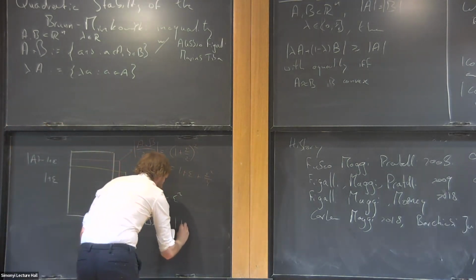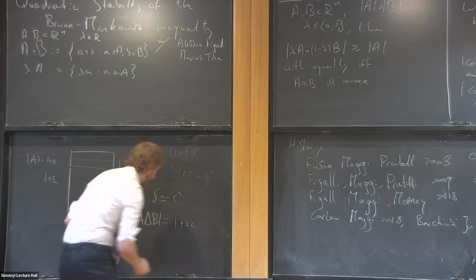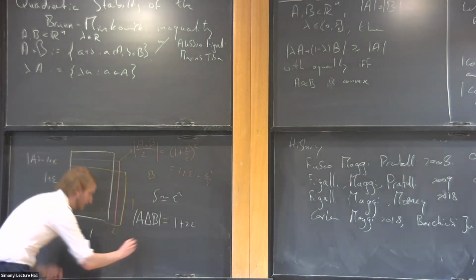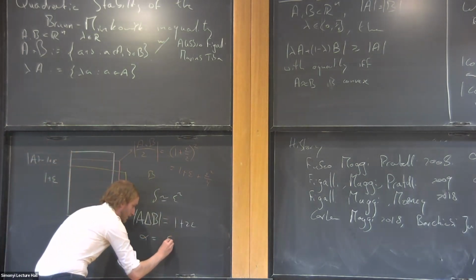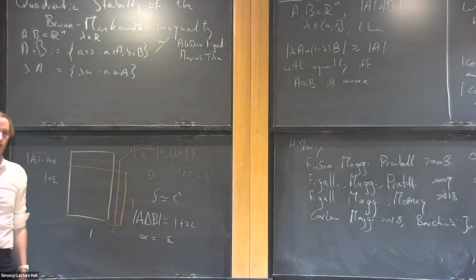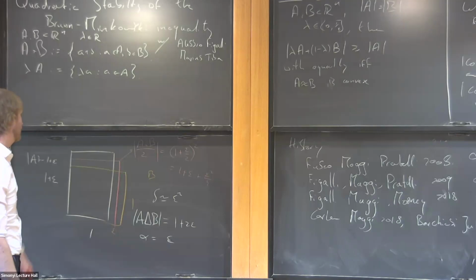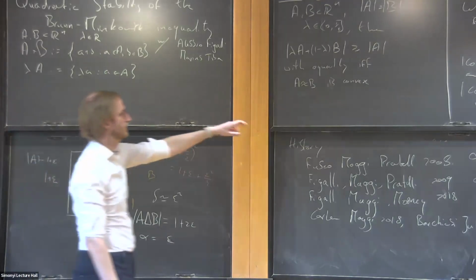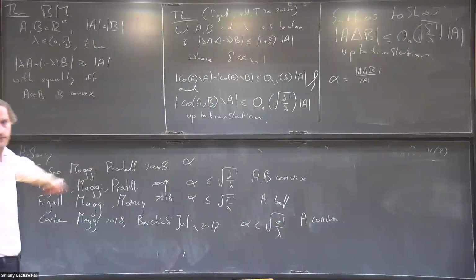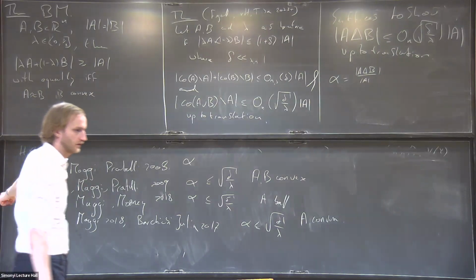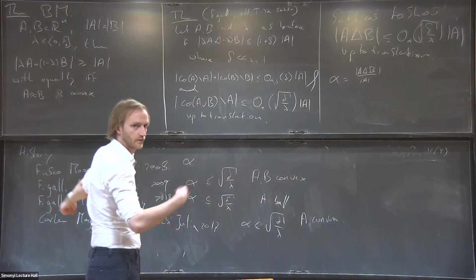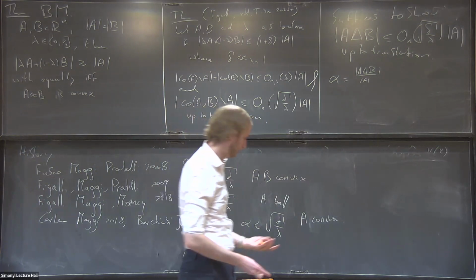So that's going to be 1 plus 2 epsilon. So alpha is going to be of the order epsilon. And that shows that we need a square root. This example also shows that the dependence on lambda is optimal. If you do the same computation, but with lambda not equal to 1/2, but to something else, you will get the 1 over lambda.